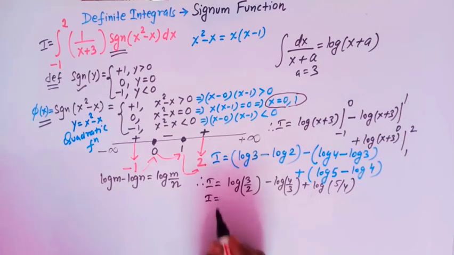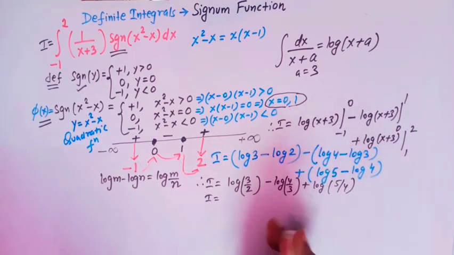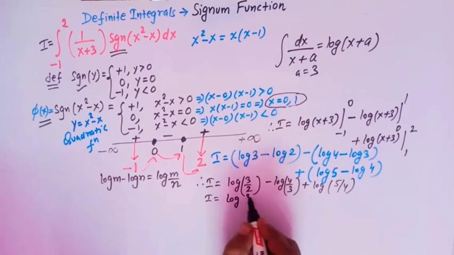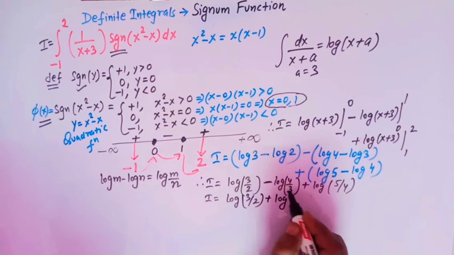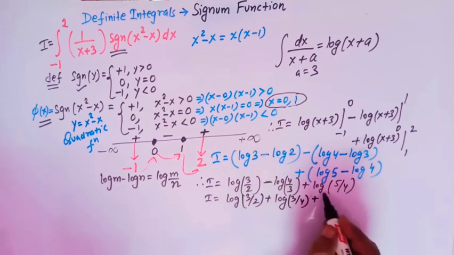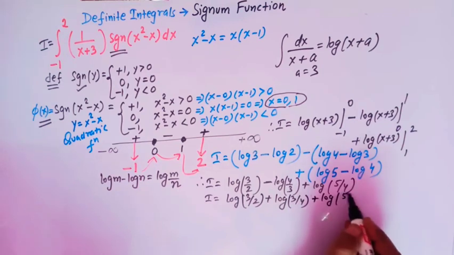Okay, so now we can again rewrite this expression as log of 3 over 2, and converting this negative sign to positive sign, we can take the reciprocal. So here we have log of 3 over 4 plus log 5 over 4.